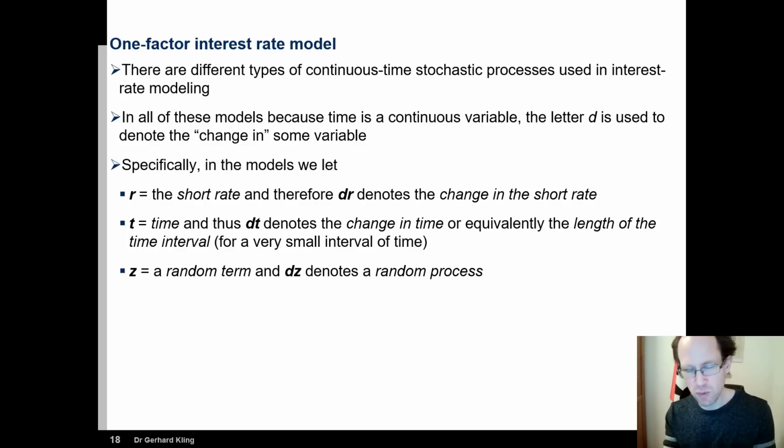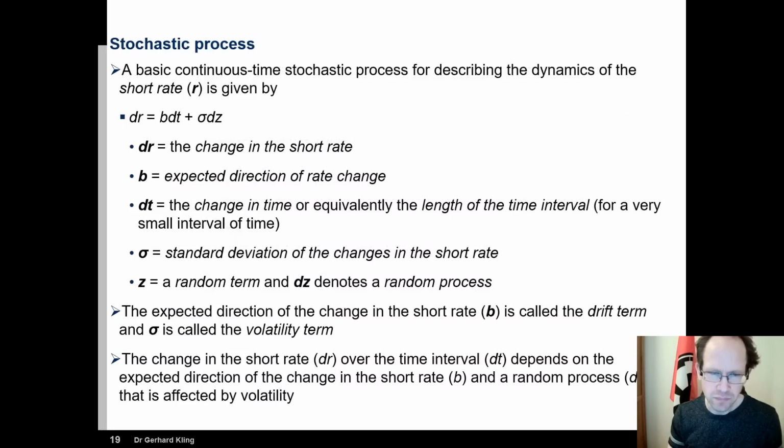Of course, again, when we go into the simulation, this dt will be slightly bigger, because we have to have discrete steps. And then there's a random term, often denoted as z, and dz is the change in the random process. We will come to this in a minute.